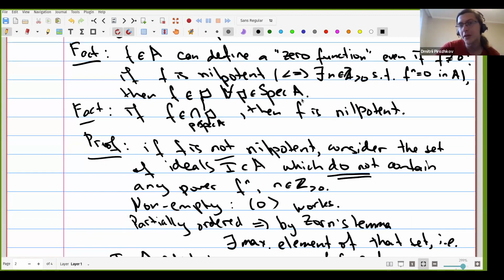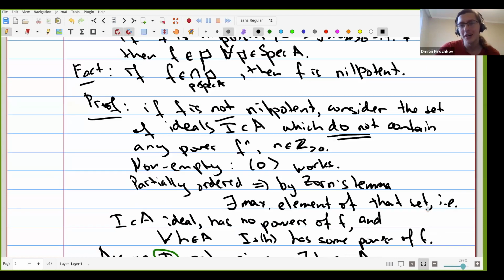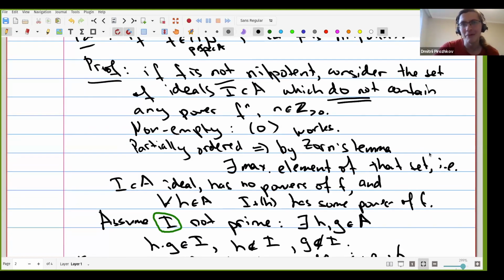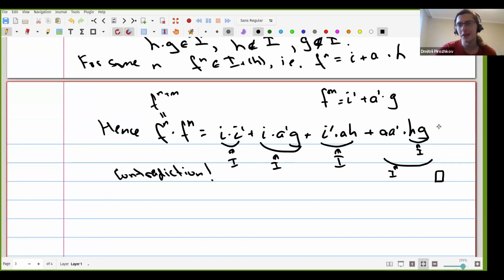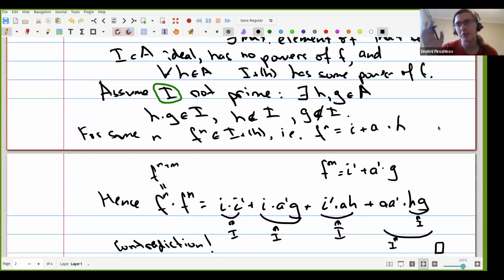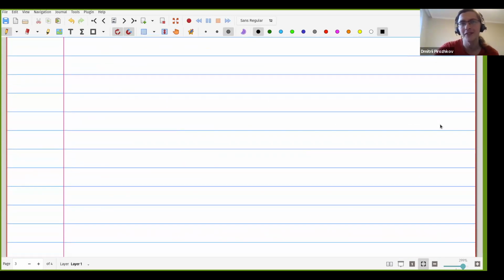Because if the ring is not zero, then we have at least the unit element, which will not be nilpotent. And by the proof here, by Zorn's lemma, we will have constructed at least a prime ideal, or in that case, it will become a maximal ideal, essentially by definition.